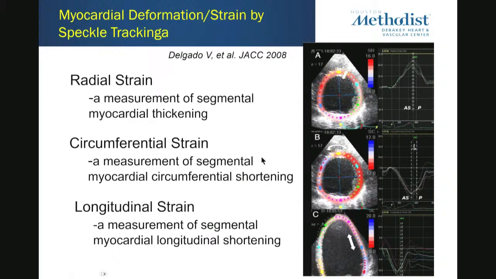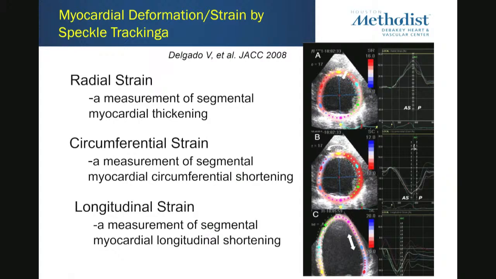Circumferential strain in a short axis is strain along the circumference of that ventricle, and therefore it shortens, and because it shortens, it's a negative curve. And then longitudinal strain, which is also negative because you're looking at shortening along the long axis of the left ventricle. So again, you get a negative curve.